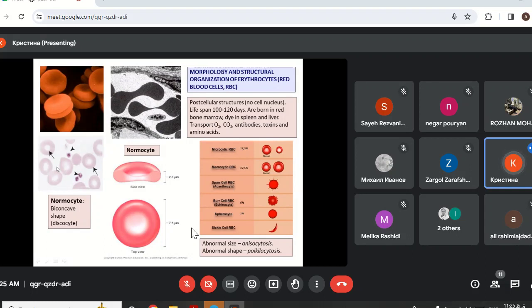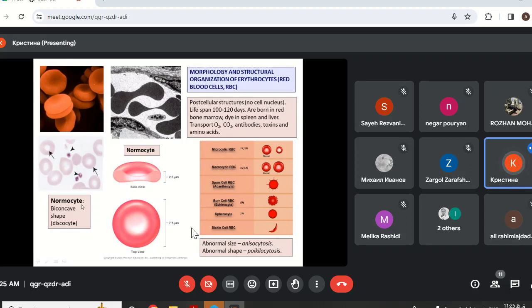So these are erythrocytes. Most erythrocytes are normocytes, which have this specific biconcave shape, or discocytes, which have a thinner area in the middle. This is why the middle area is stained lighter than the peripheral part, and this is well seen also in our blood smears. So every erythrocyte normally has a lighter area in the middle.